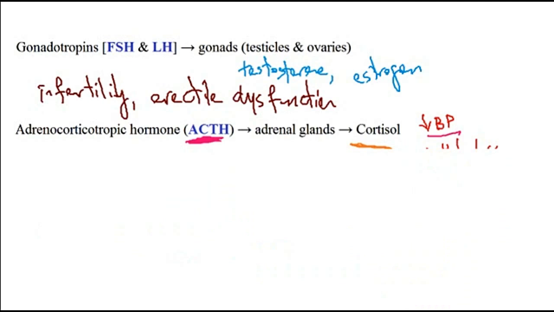Alright, now that we discussed the symptoms of ACTH deficiency, next I would like to discuss the symptoms of ACTH excess. This will cause Cushing disease because now there are elevated levels of cortisol.